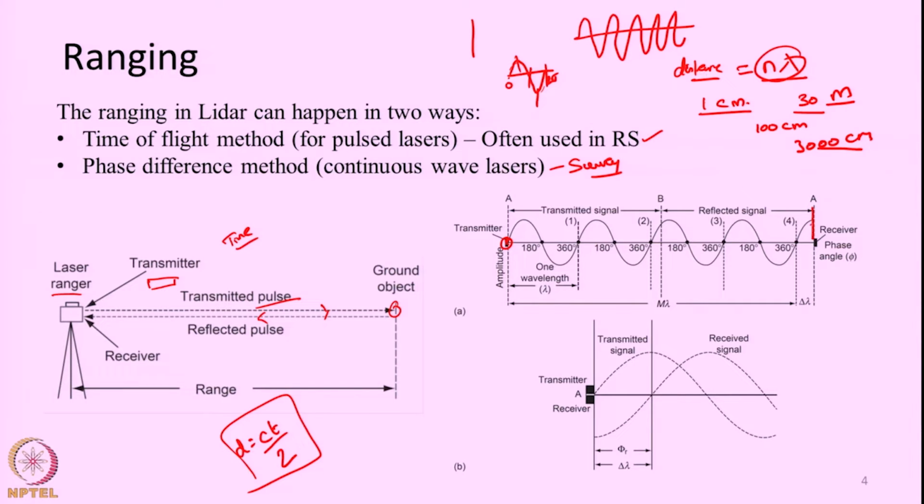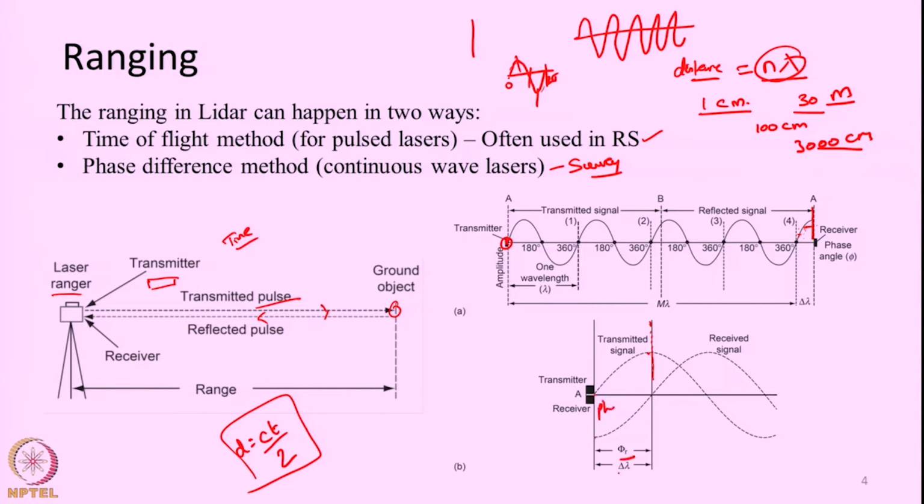But if the distance is even slightly different from an integral multiple of this particular wavelength, then the phase of the received signal and transmitted signal will vary, and we observe this phase relationship: this is transmitted, this is received, what is the phase difference between them.